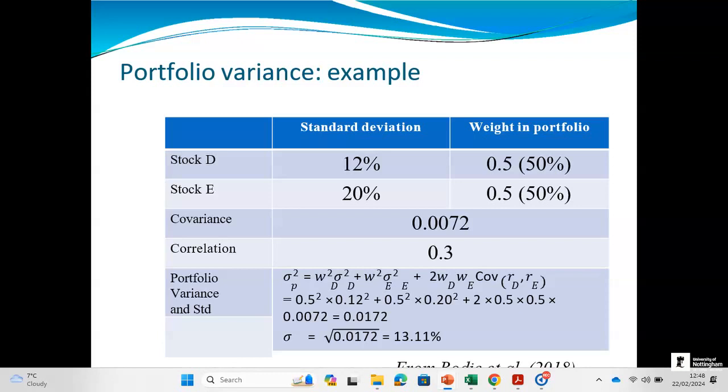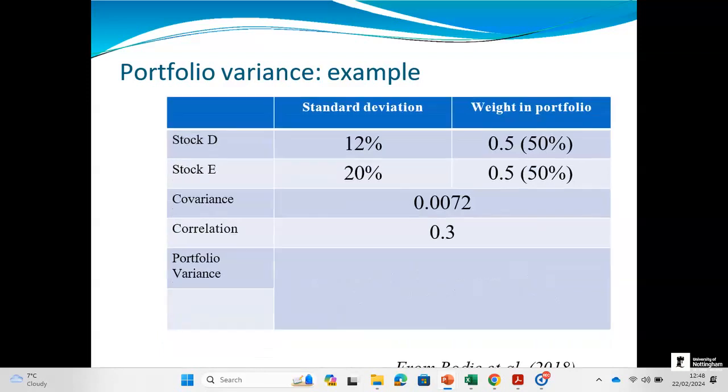We can calculate the portfolio variance to be 0.0172, and if we convert that into standard deviation, all we have to do is take the square root of it, and it gives us 13.11%. The expected return of this portfolio was 10.5%.